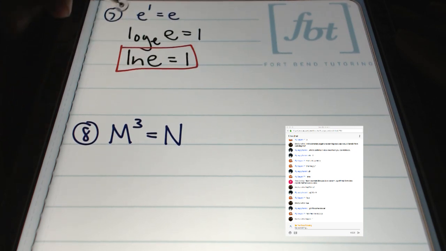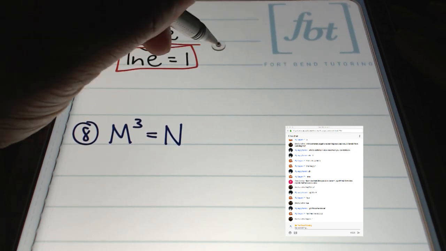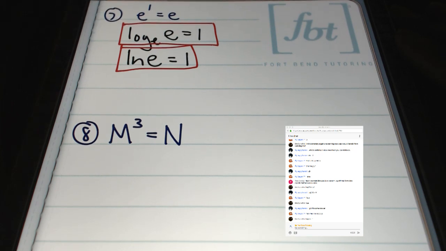Either of these actually is the logarithmic form of the equation, and either is interchangeable. It's just that if you're lazy like me, you're going to go with the shortened version and write it as the natural log of e equals 1. You would see it written this way more often than the other, but the other one is just as true. So if you prefer, you could write it that way.